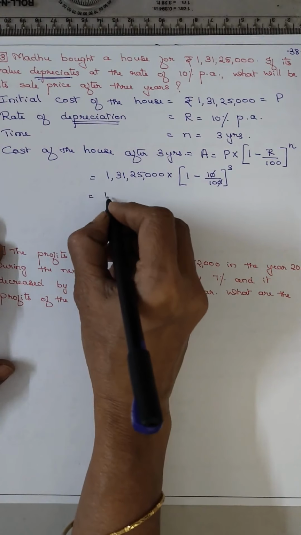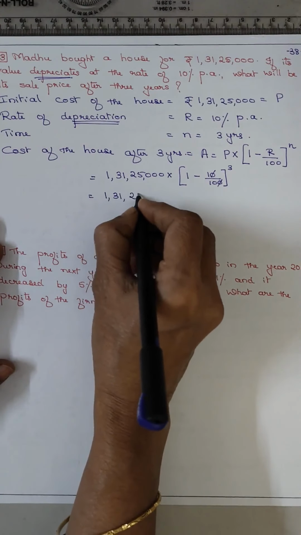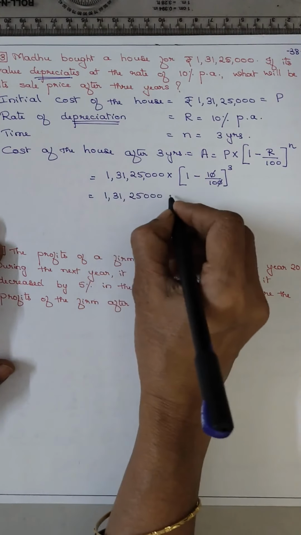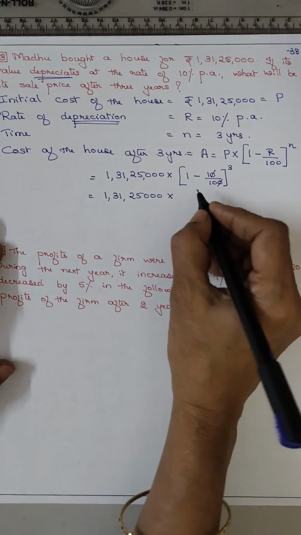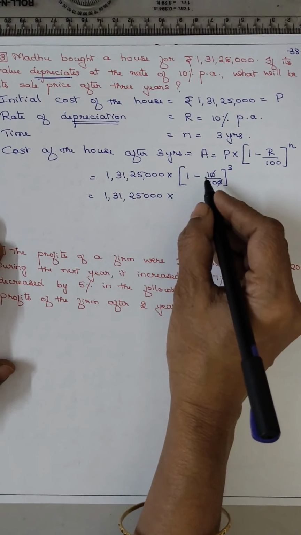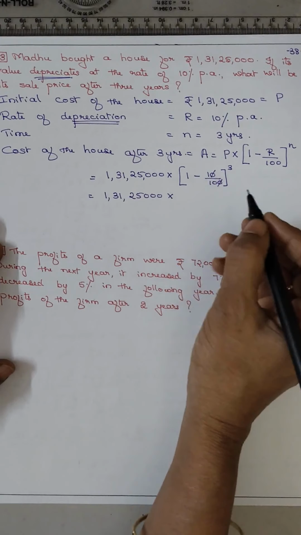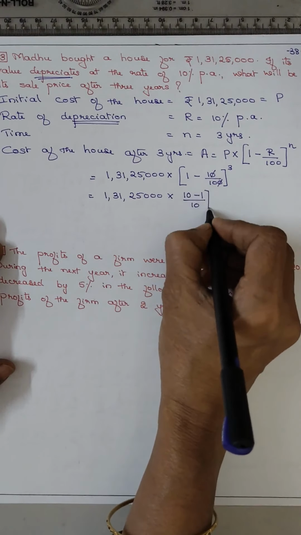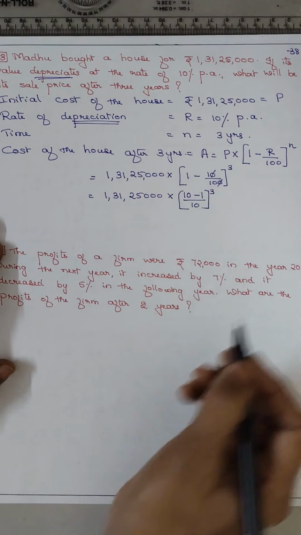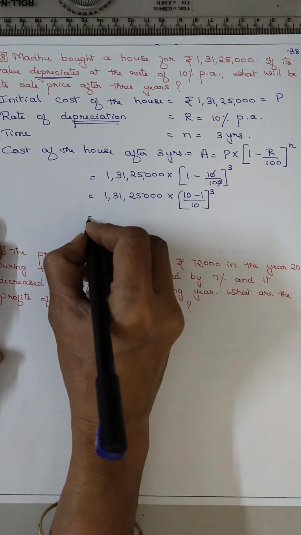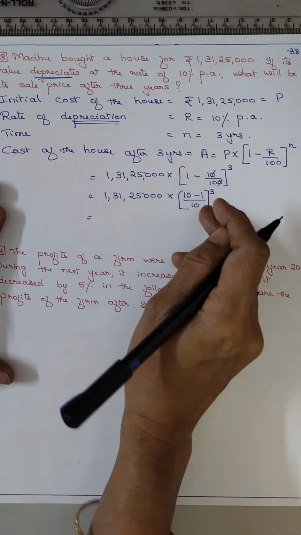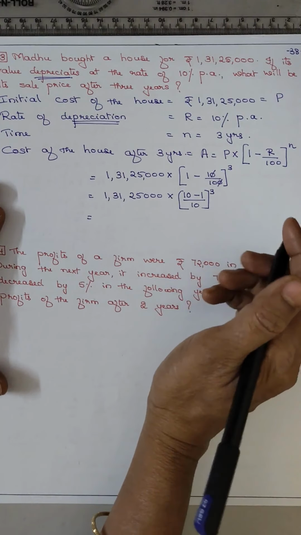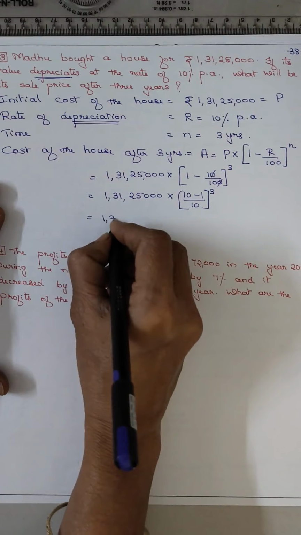That means 1 crore 31 lakh 25,000 into 1 minus 1 upon 10. It means 10 minus 1 upon 10, the whole cube. Please remember it is minus, so be careful during the calculation.